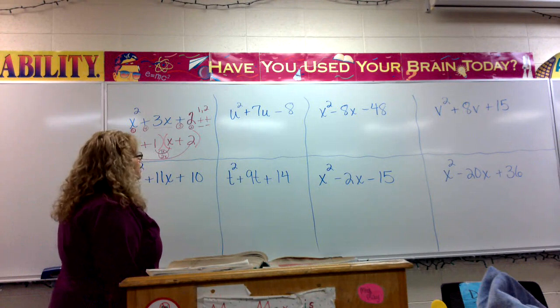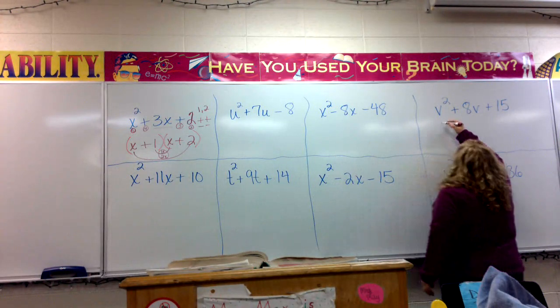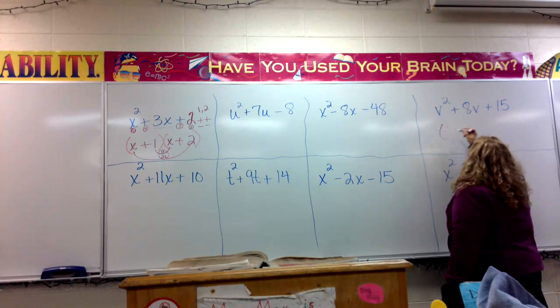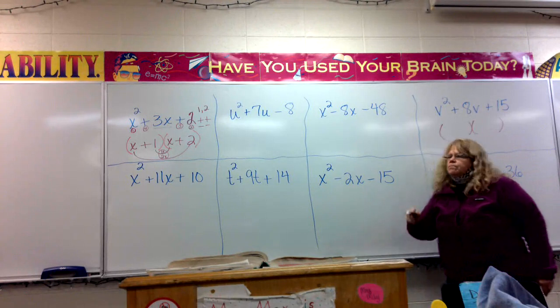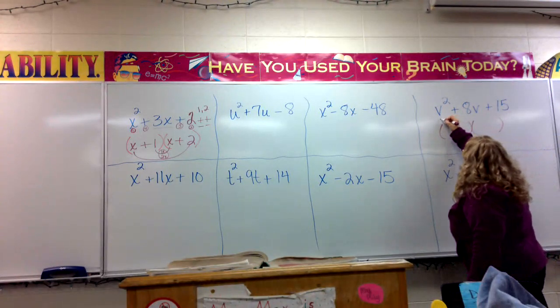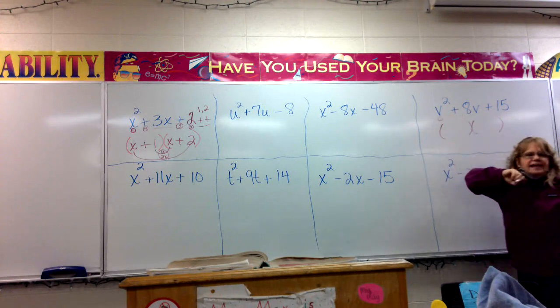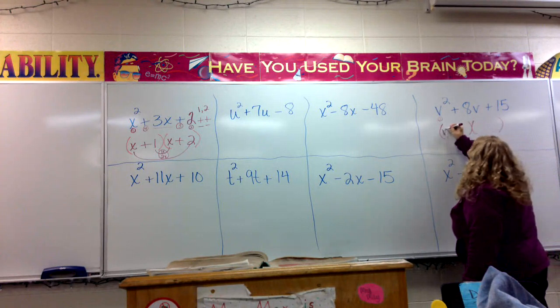How about, I guess, let's go all the way down here to this one next. Nothing common, so if it factors, it's going to be into binomials like this. You start right here. What do you multiply to get v squared? V times v, that's pretty easy.